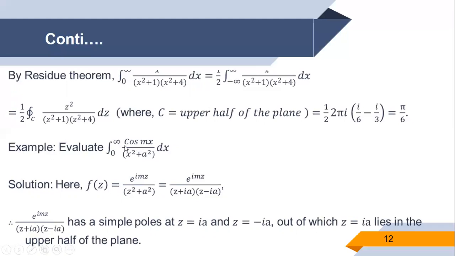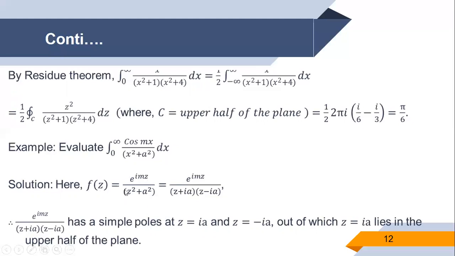So cos mx we replace with e^(imz). We consider f(z) = e^(imz) upon z² + a², with x replaced by z. Now z² + a² is the complex factor.